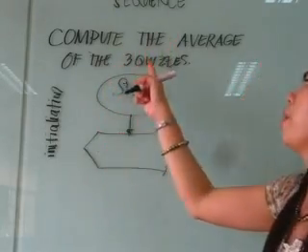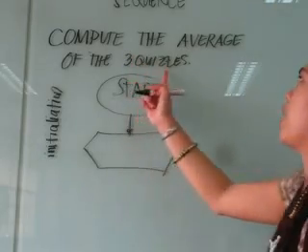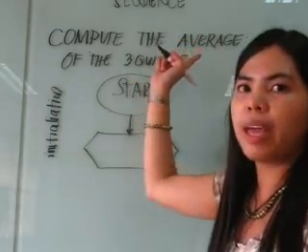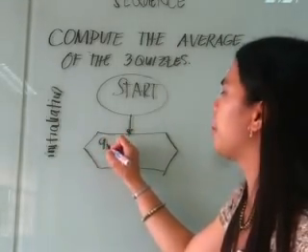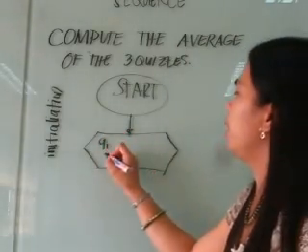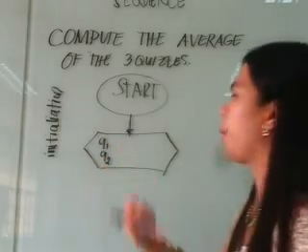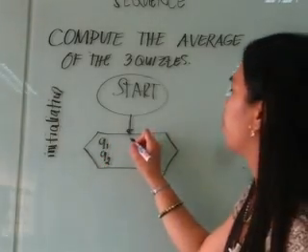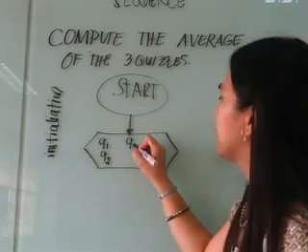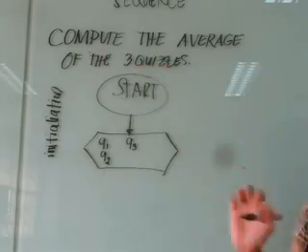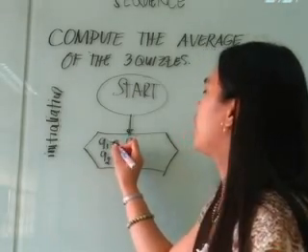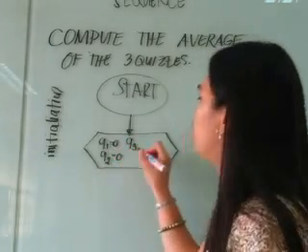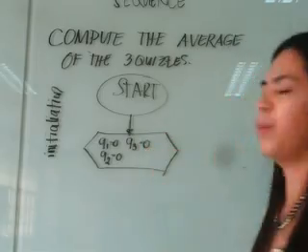As for example, the problem has three quizzes, and you're going to compute the average. Of course, you have the given quiz number 1. You also have quiz number 2. And of course, you have quiz number 3, since there are 3 quizzes. Now, you have to initialize them to zeros since there is no value.